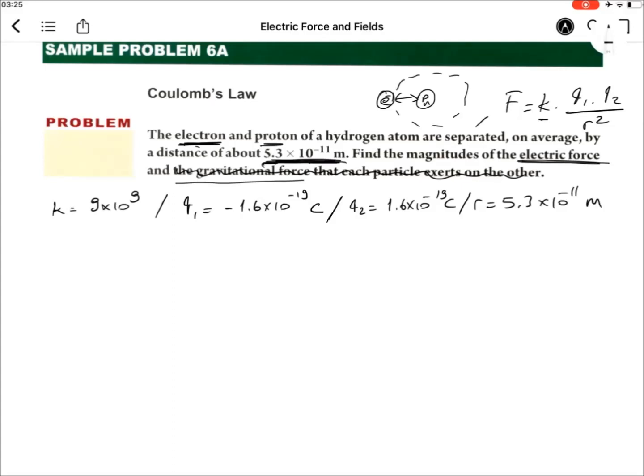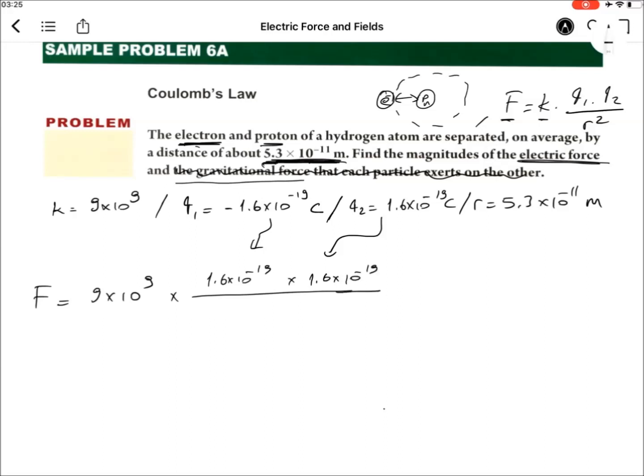And we will substitute all of them in the formula and we will find the force between them. F equals 9 times 10 to the 9 multiplied by 1.6 times 10 to negative 19, which is Q1, times Q2, which is 1.6 times 10 to negative 19, over R, which is 5.3 times 10 to negative 11, squared.